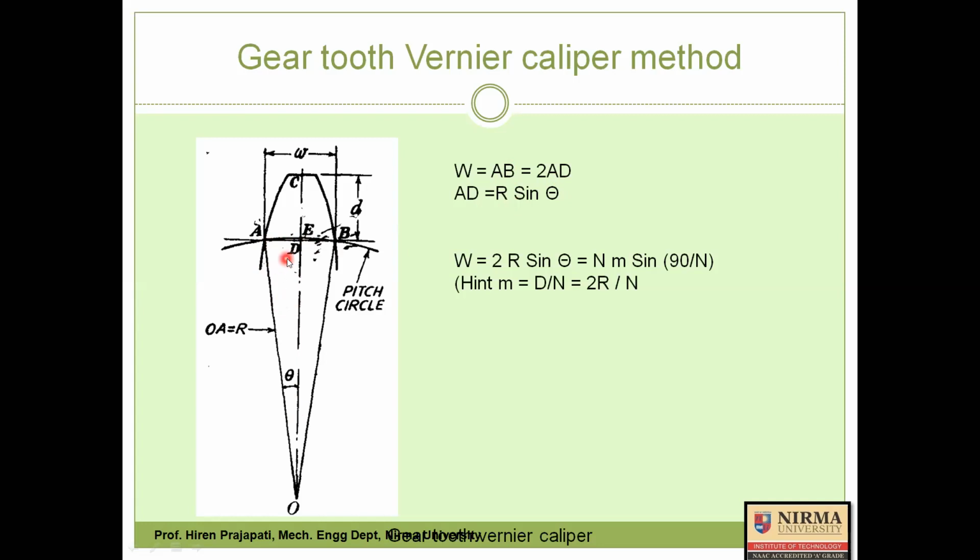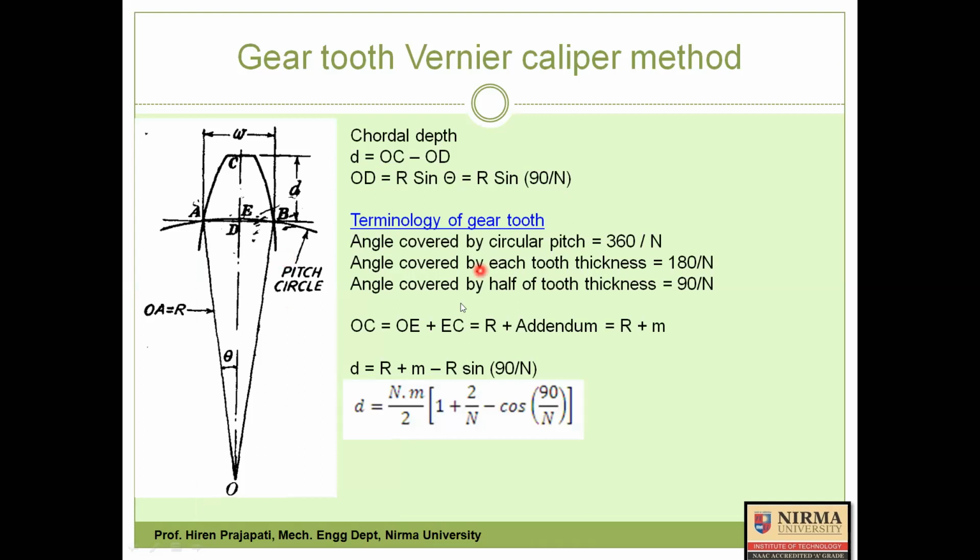See, one correction here: in the chordal depth equation, instead of sine we need to take cos, because to find OD we need to apply the cos rule. So cos theta is equal to O to D divided by O to A. So please make that correction. In this entire derivation you have to use cos, and finally in the equation you get cos.